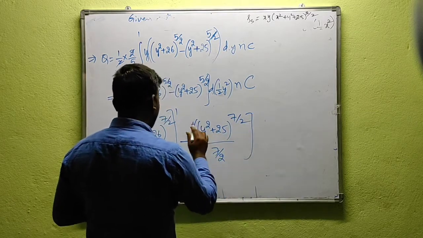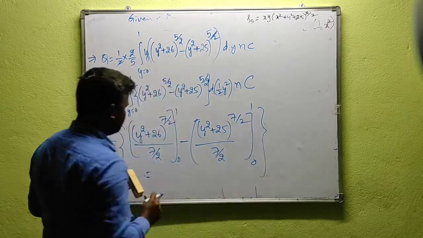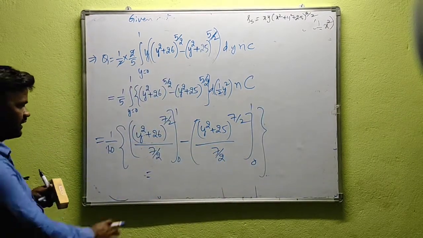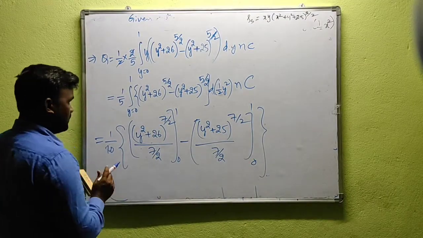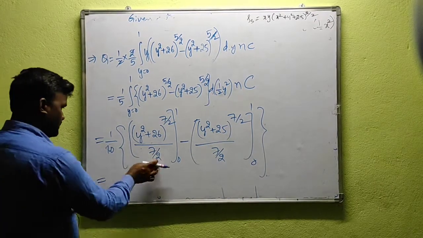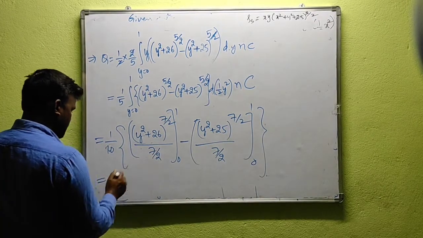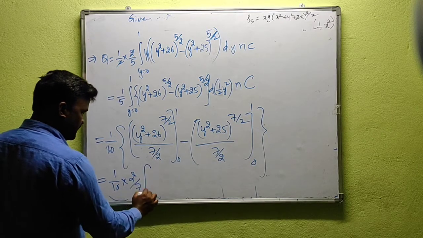Limits are from 0 to 1. Now we can take this 7 by 2 as common, that equals 1 by 10, and 7 by 2 can be written as 2 by 7, as it is in the denominator.